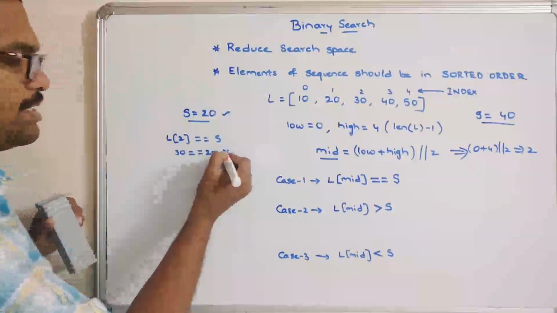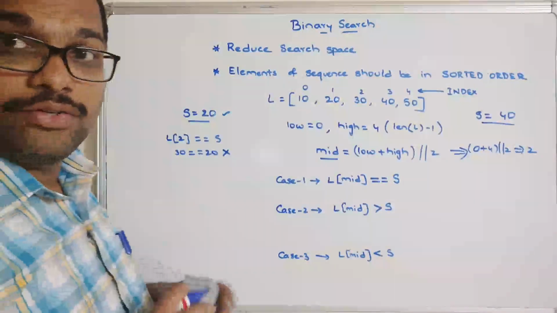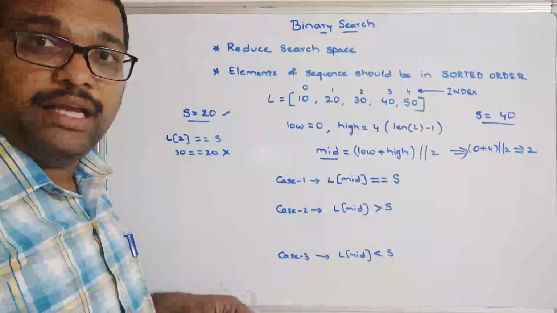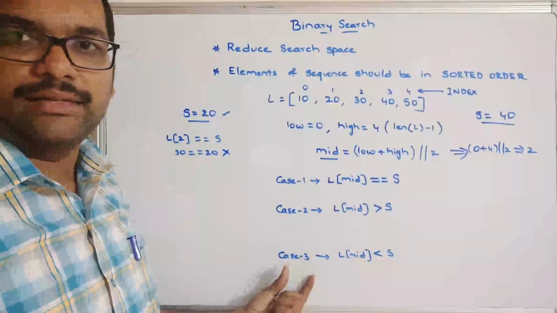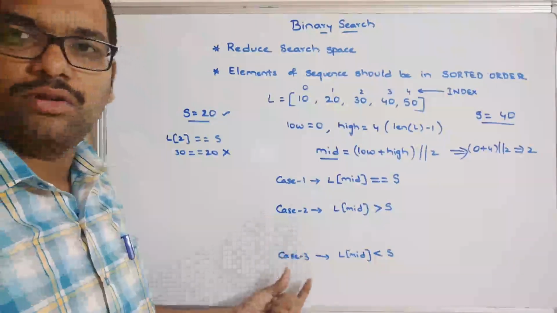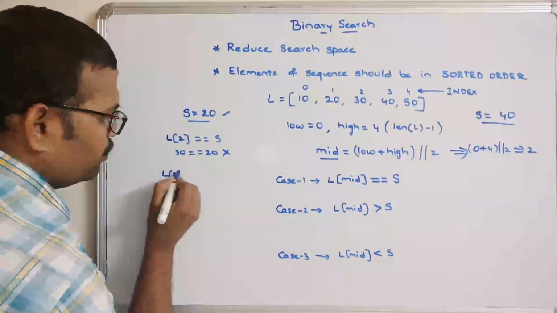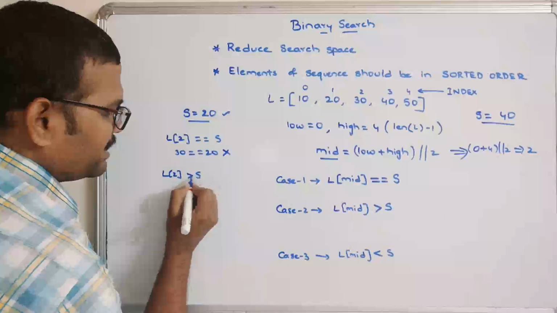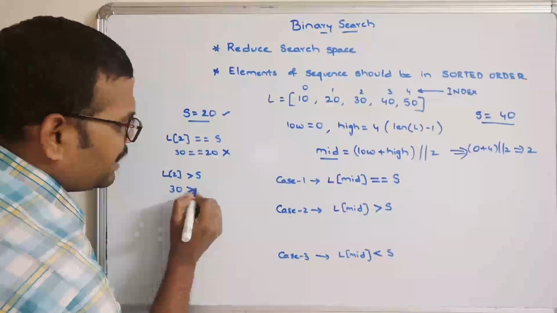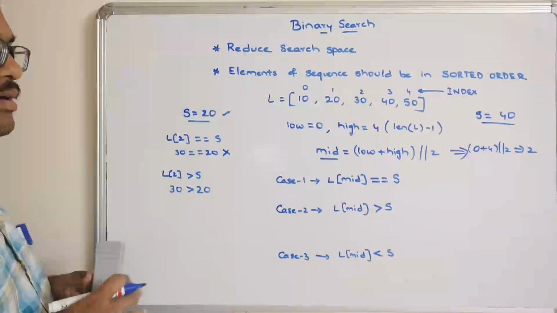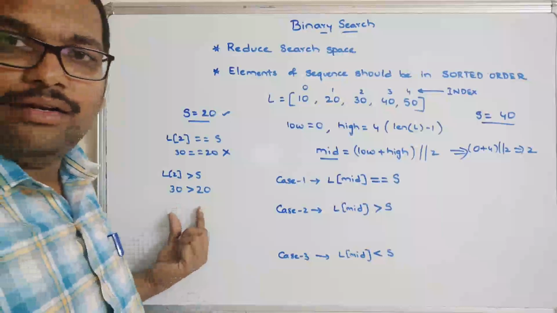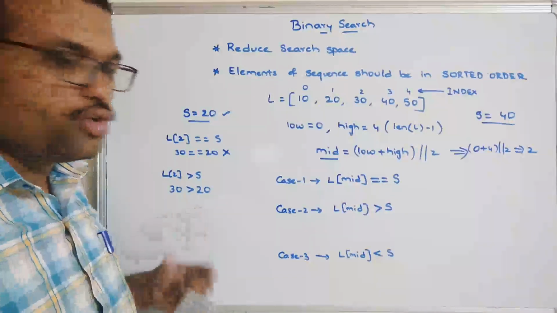So this fails. So it must be either the second case or the third case. Let us check the second case. L of 2 is greater than S. That means 30 greater than 20. Yes, true.